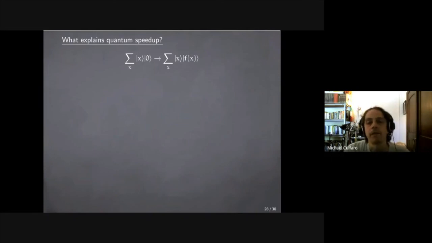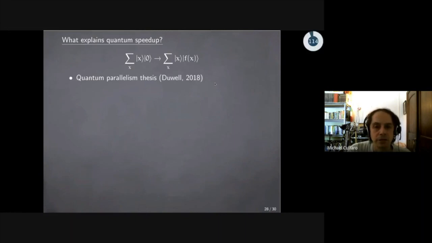So one thing you'll have noticed, we didn't see exactly this, but we saw essentially something like this: we begin with a computer that's in something like a state x0, and then we transform it into a state where we have x and f of x. So it seems like f is being evaluated for all of the possible values of x simultaneously.